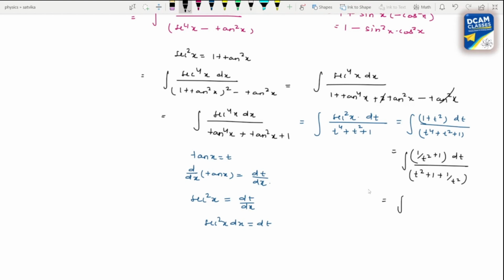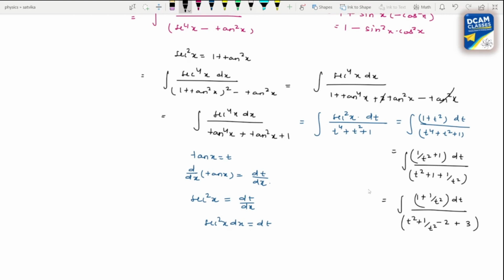Now see, numerator I have 1 plus 1 by t square dt, and in the denominator I can write this as t minus 1 by t whole square. Wait, this will become t square plus 1 by t square, I can write minus 2 here, plus 2 plus 1 will become 3. I can write this equation in this way.